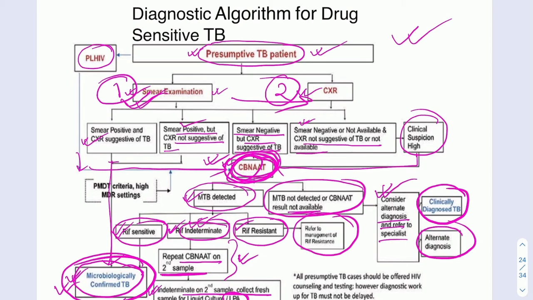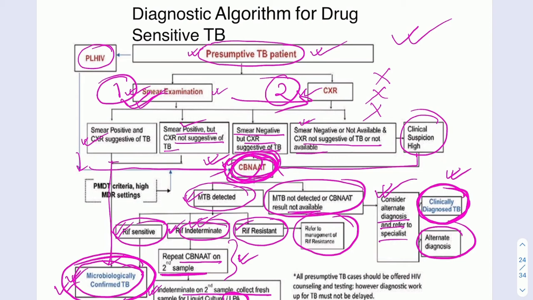Even after everything, nothing is positive, meaning no smear positivity, no x-ray positivity, CB-NAT also not available. Then, if the clinical suspicion is high, we can diagnose the case as clinically confirmed or clinically diagnosed tuberculosis. And depending on the diagnosis, we can go ahead and start the treatment.